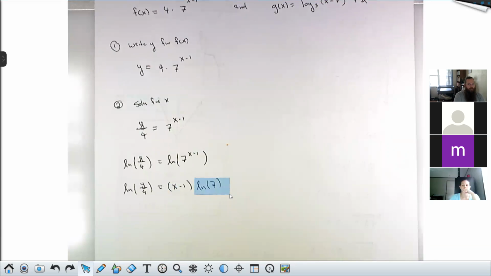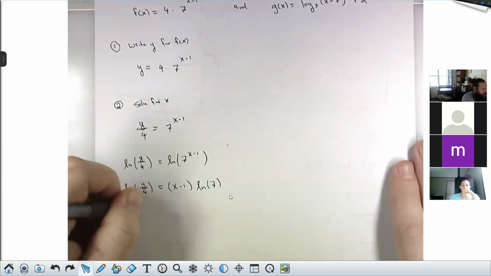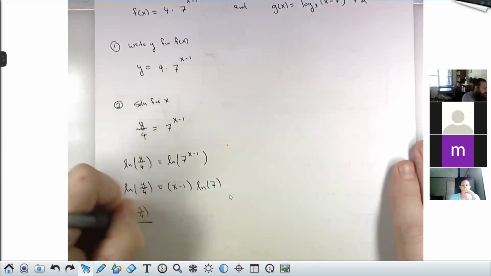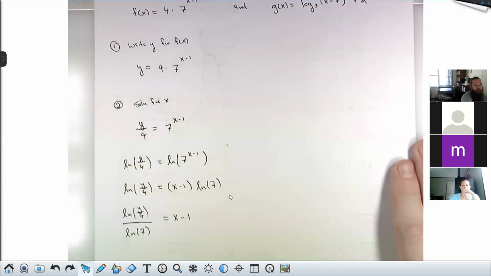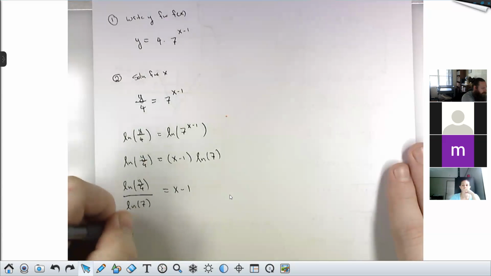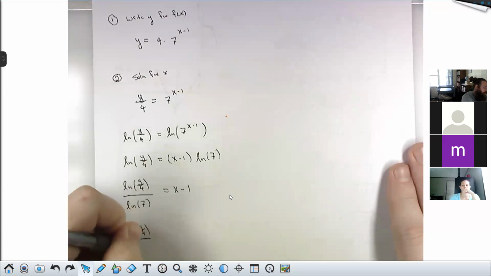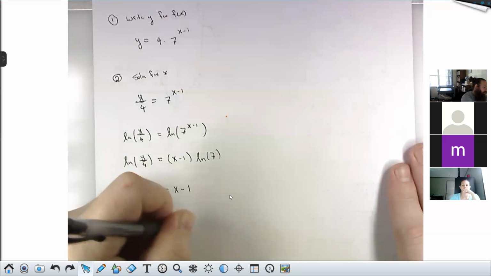So I'm going to divide over the natural log of 7. And we'll have ln of y over 4 divided by the ln of 7 equals x minus 1. And then finally, I can add 1 to both sides. I get ln of y over 4 divided by the ln of 7 plus 1 is equal to x.